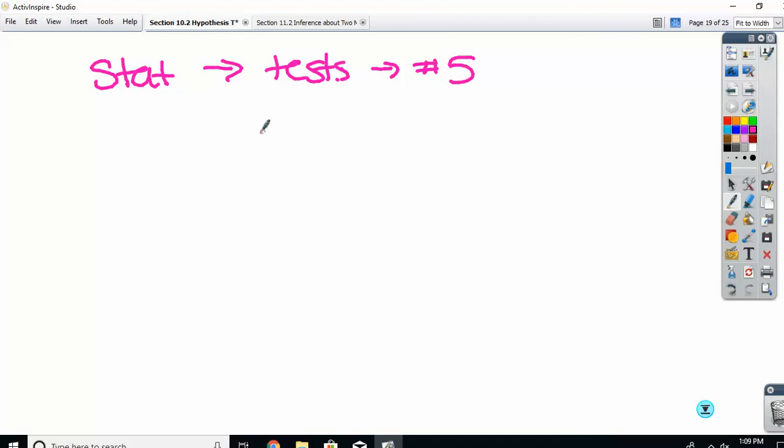Okay, it asks you for your p sub 0. That's like our beginning proportion, which is 0.46. It asks you for the x. Think about when we do p hat, we do x over n. How many Americans said they were in favor on that example?